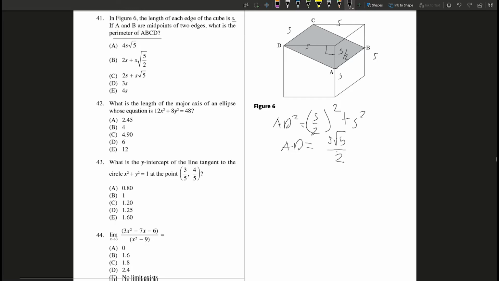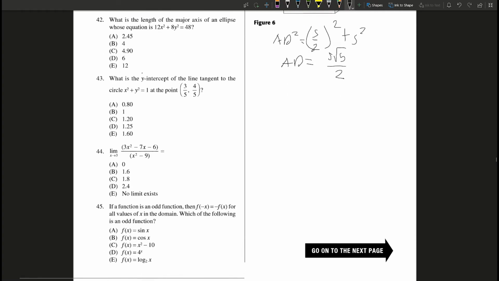And so the perimeter is going to be 2s plus s root 5, because AD is equal to BC. So the perimeter is 2s plus s root 5, and that's answer C.